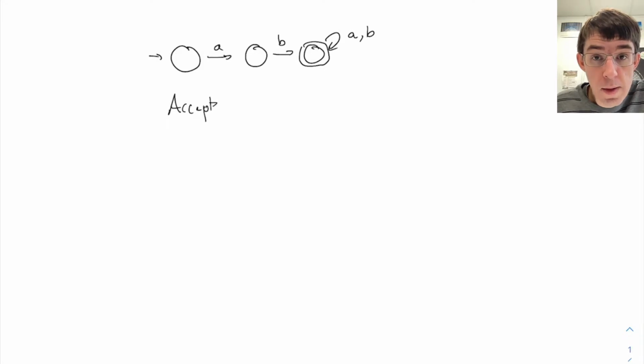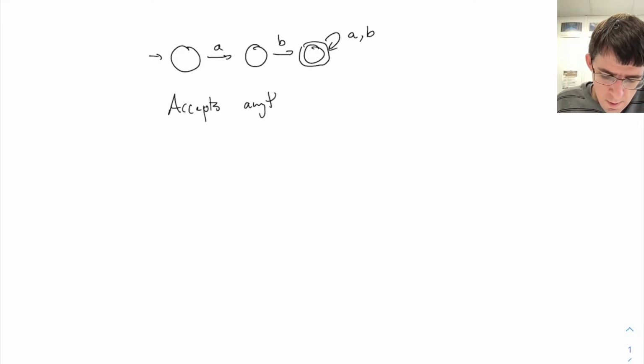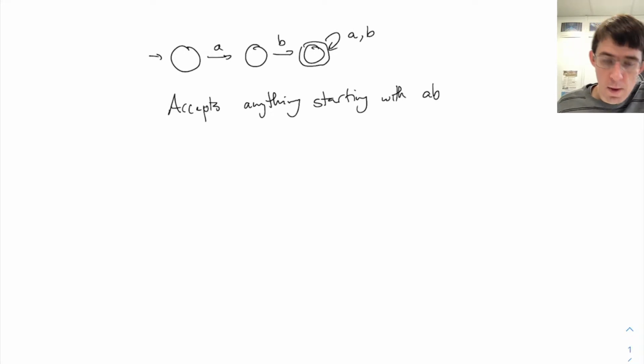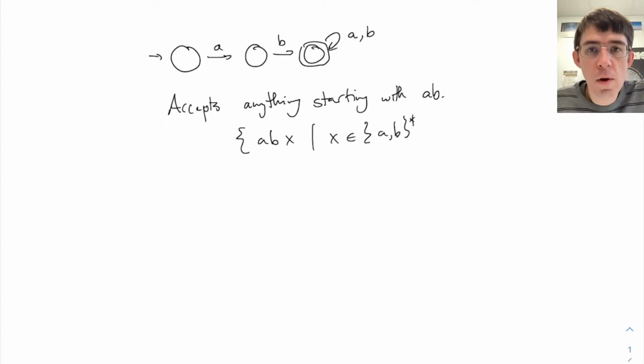You got to do an A and then a B and then anything else. So it's anything starting with AB, right? You could write it as a set if you like. It's AB X, where X is in AB star. That's what this NFA accepts.